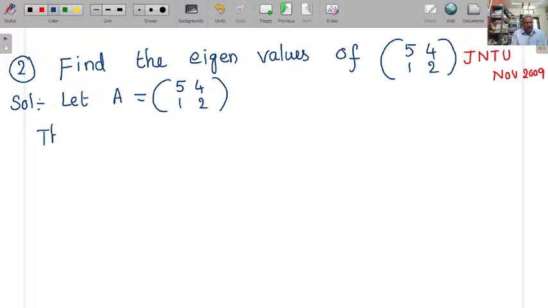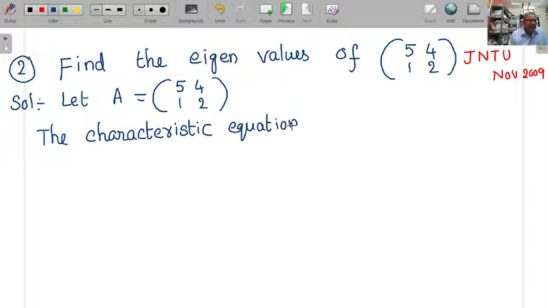The characteristic equation of A is determinant of A minus lambda I equals to 0.